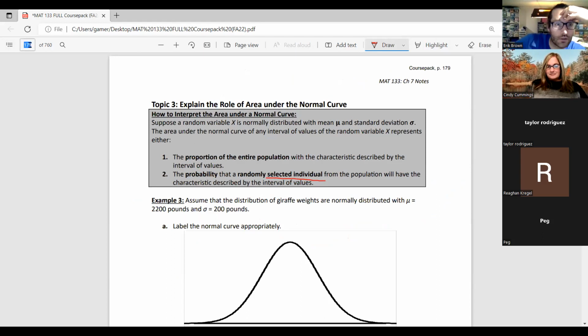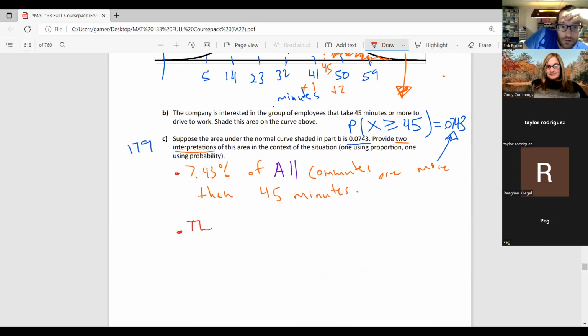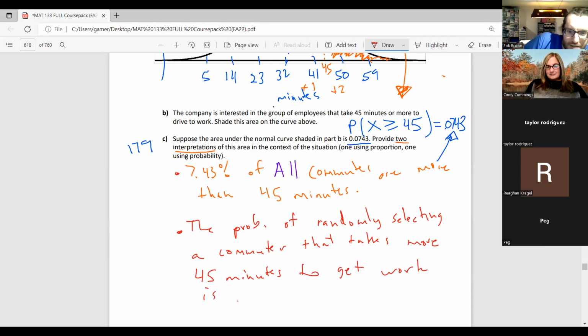So for this one, you're saying the probability of randomly selecting a commuter that takes more than 45 minutes to get to work is, and whether you write it as a decimal, a percent, or a fraction is up to you, is that.